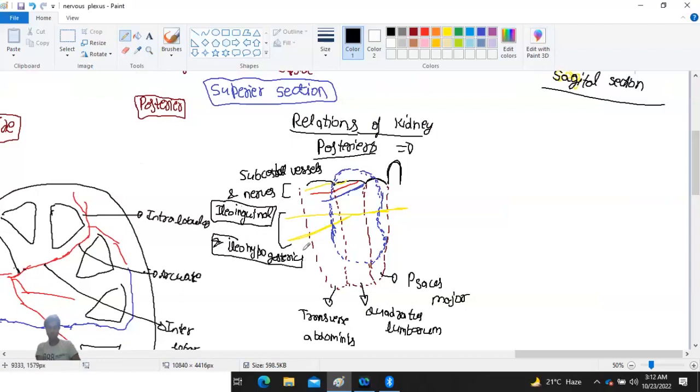Draw a line for this. These are different, right? Iliohypogastric, and we know of a nerve which is piercing the psoas major, which is called the genitofemoral nerve. So the genitofemoral nerve can also be among the posterior relations.